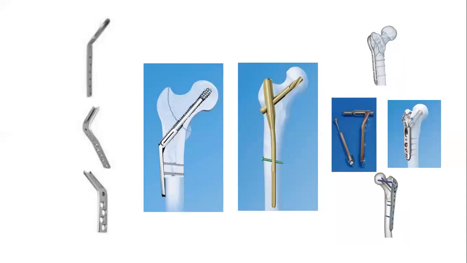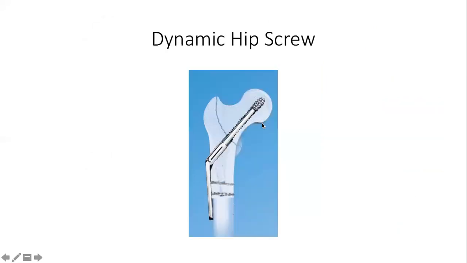So today we are going to focus on the implant failures commonly seen in these two fracture patterns, and try to understand what problems could happen in other implants also from the failures of these two main implants.